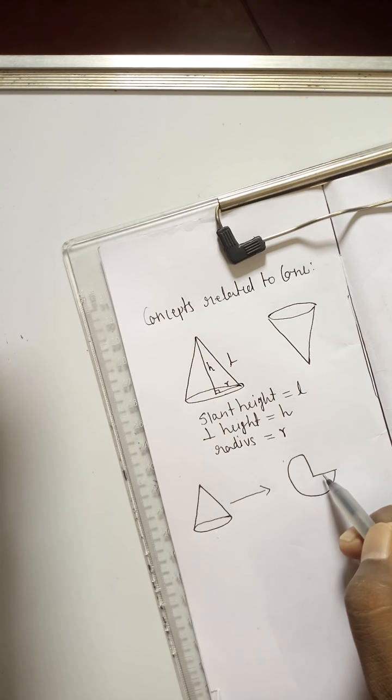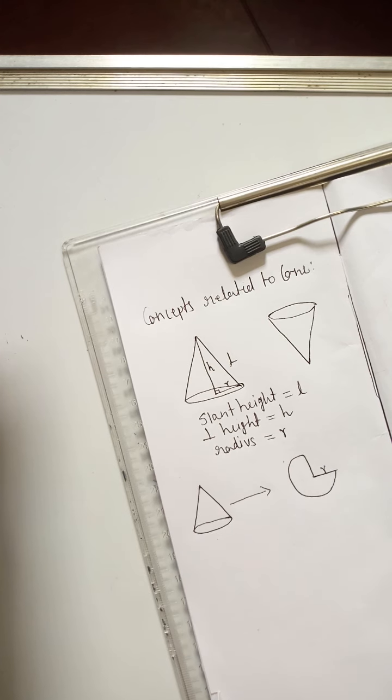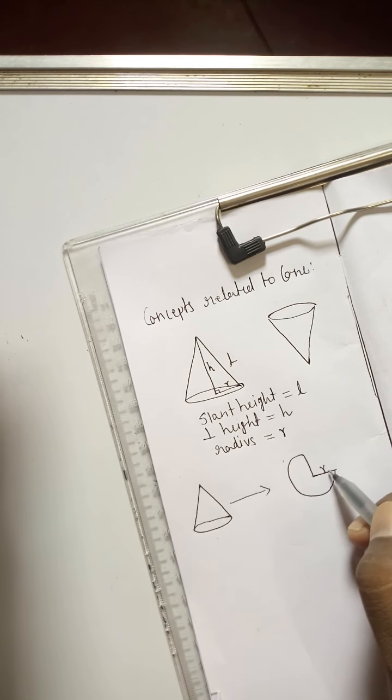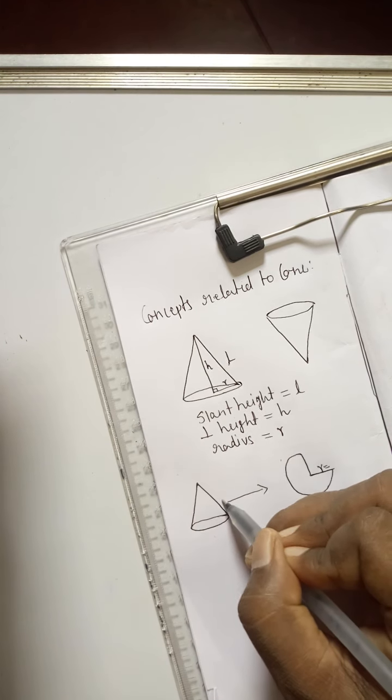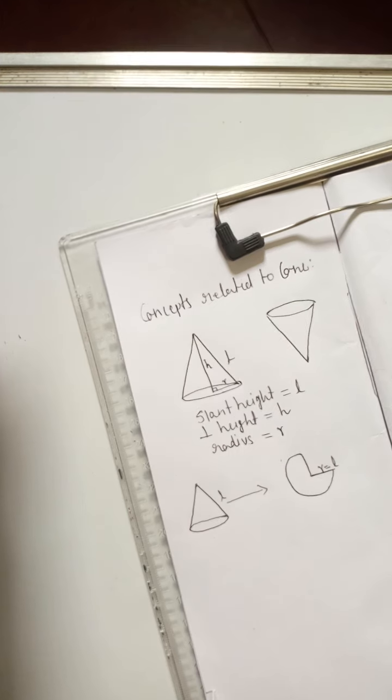This part is its radius for this sector, which was l here. So in this case, this R is equal to l.